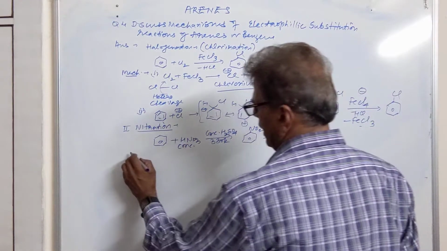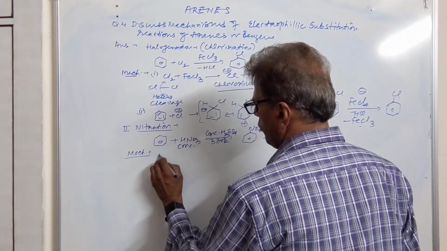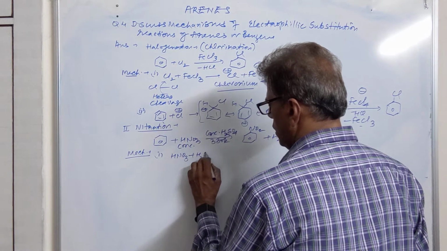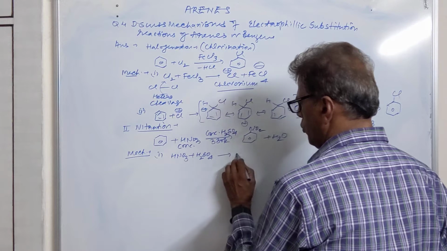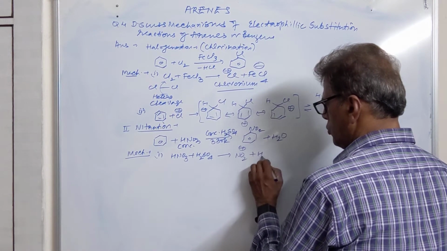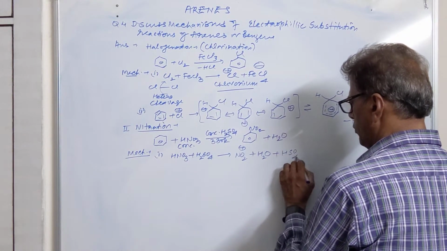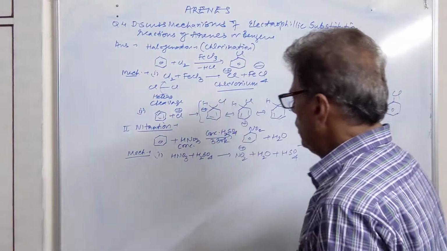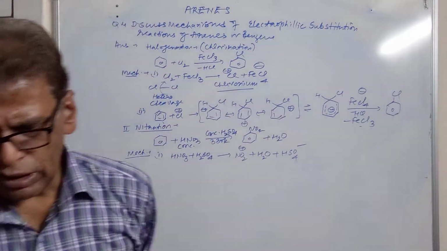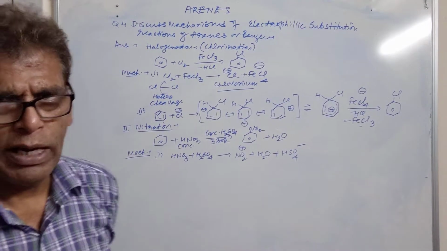Now let us see the mechanism of this reaction. First of all, the first step is HNO3 combines with H2SO4, giving you NO2 positive ion plus H2O plus HSO4 negative. So these are the ions produced in the first step: HSO4 negative, H2O and nitronium ion.